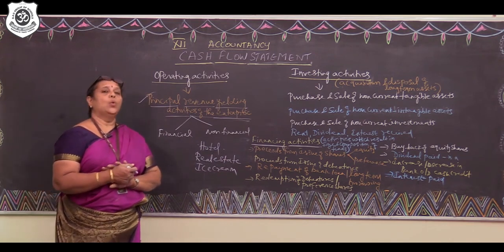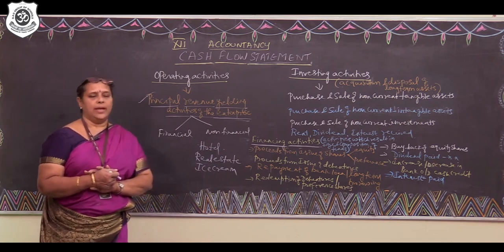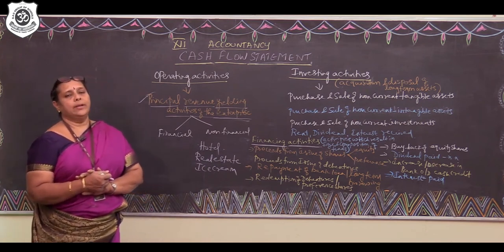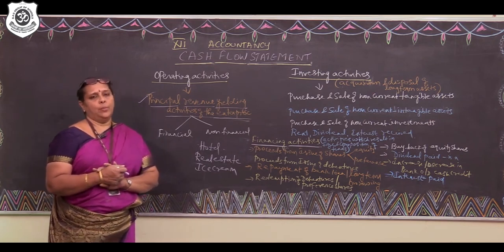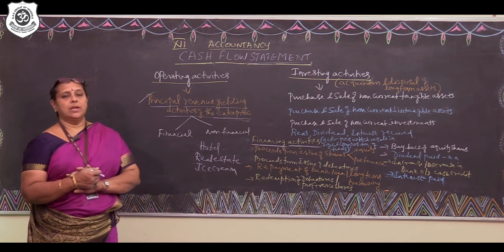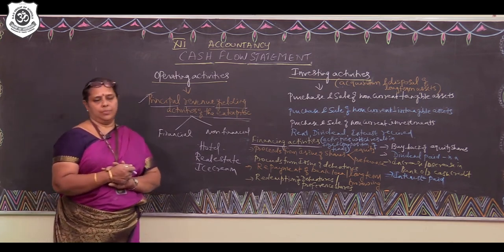So, I repeat, what do you mean by operating activities? The core revenue yielding activities are called the operating activities of the organization. To know what is an operating activity, first we shall classify the company into financial and non-financial companies.